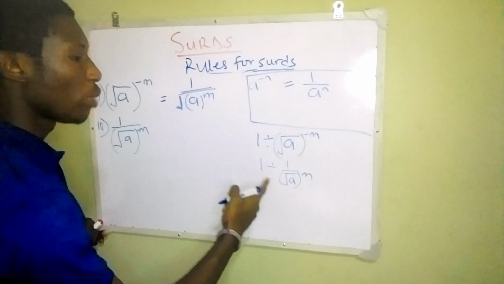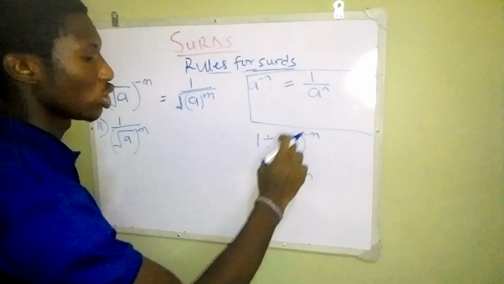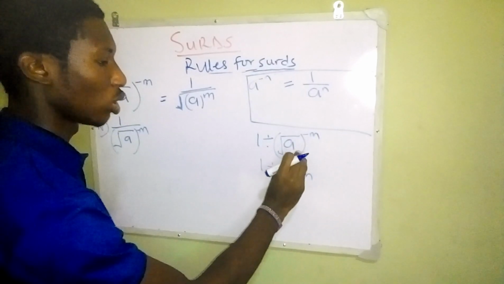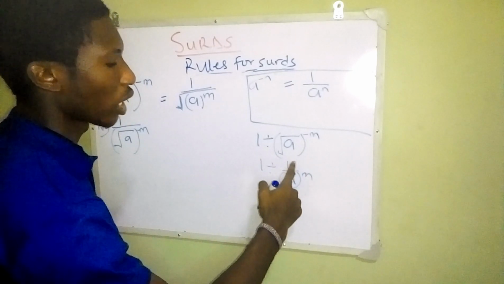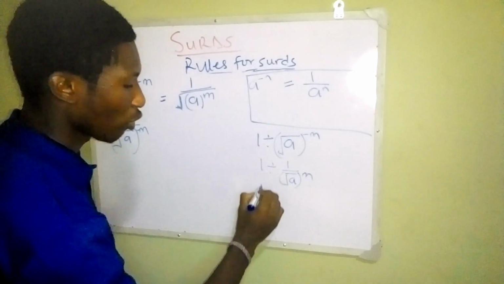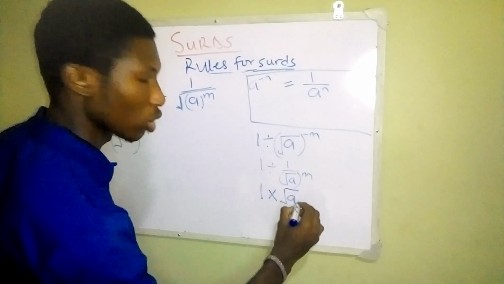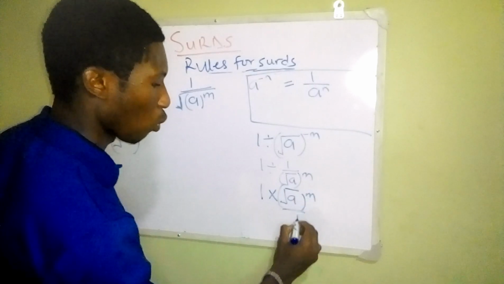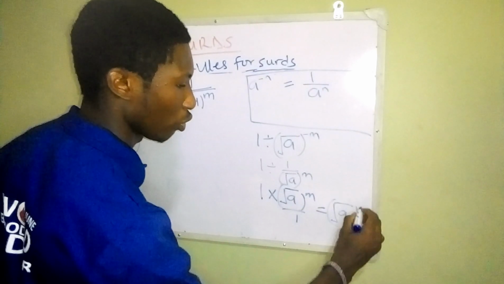Now, to make this division a multiplication, I'll carry this denominator here that is close to the sign to the top, and I'll bring the 1 to the bottom. I'll carry it to the numerator, and I'll carry the 1 to the denominator. So I will therefore have 1 times square root of a raised to the power of m all over 1, and my final answer will be square root of a raised to the power of m.